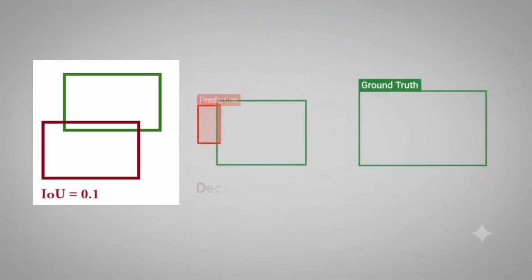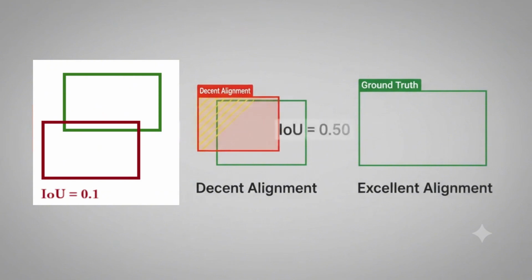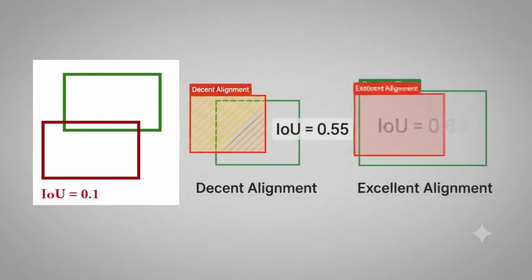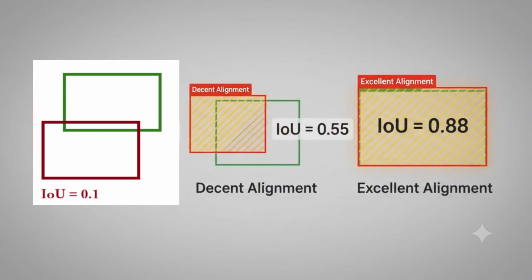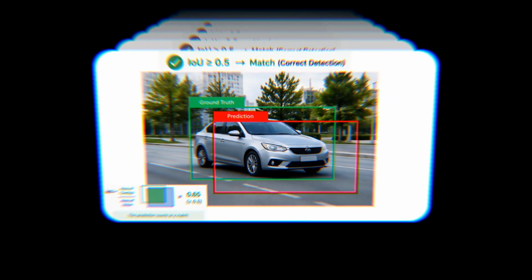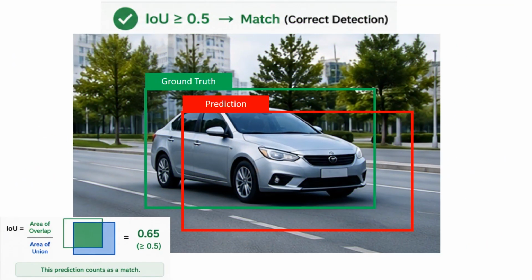If the predicted box perfectly matches the ground truth, the IOU is 1. Therefore, a higher IOU generally indicates a more accurate localization. During evaluation, a prediction may be treated as a correct detection only if its IOU exceeds a selected threshold. For example, with a threshold of 0.5, this box would count as a match, while this one would not.